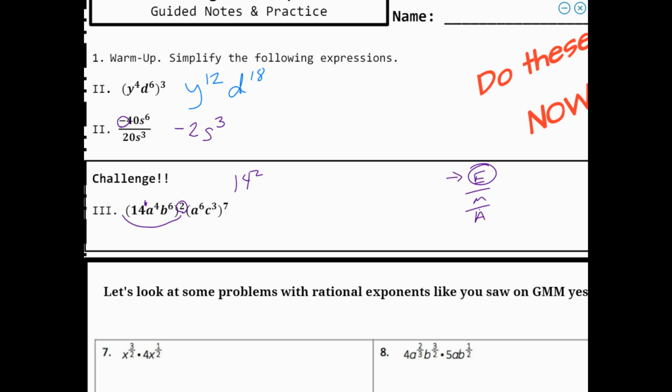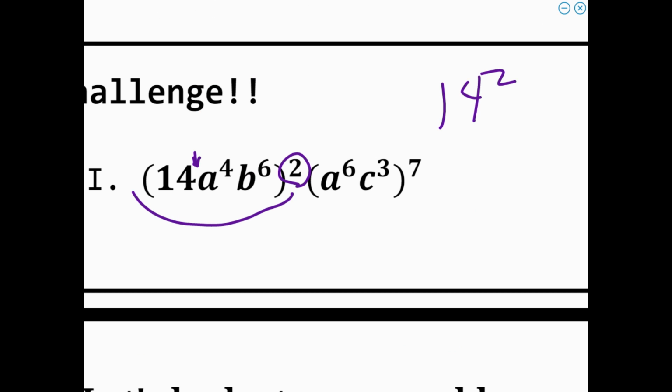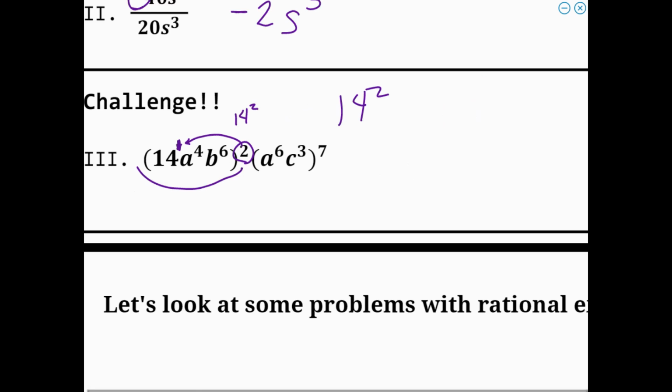So this power of 1 right here, and this power of 1 is going to get multiplied by 2. So that's going to be 14 squared. If you are getting confused, then maybe that's the method that you need to remember, that there's that 1 power there that you're going to multiply by the 2 and get the 14 squared.